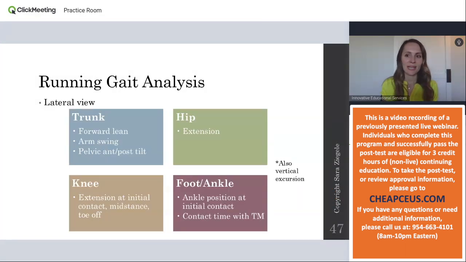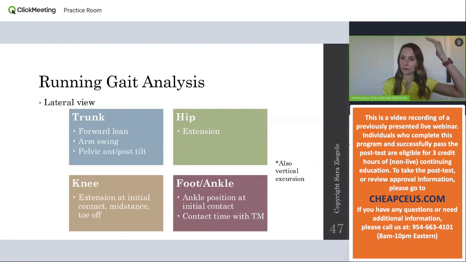So when we're actually doing a gait analysis, then we can look at certain characteristics across the different joint regions. So from the lateral view, we're just talking about looking at it from the top to bottom in this characteristic I have here. I was always informed early on when I was training under Dr. Brian Heiderscheit at UW-Madison to pick a system.